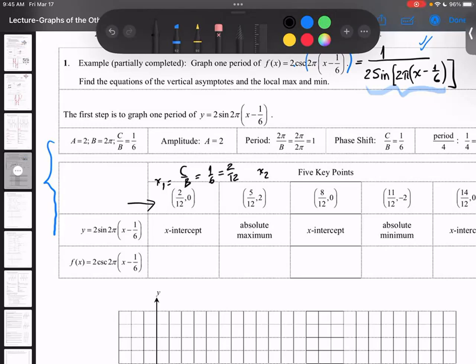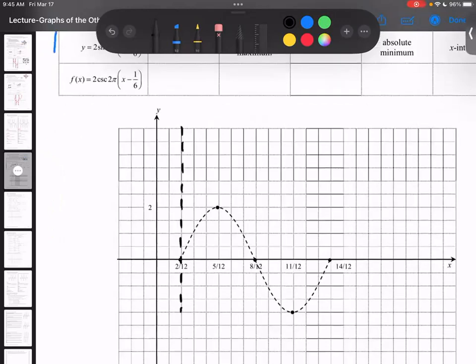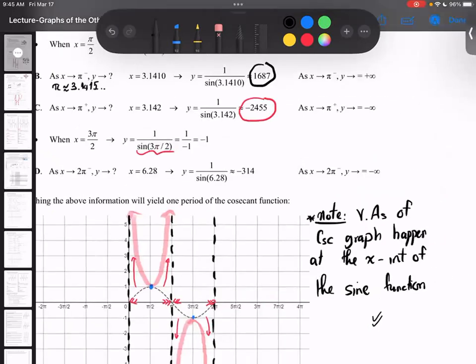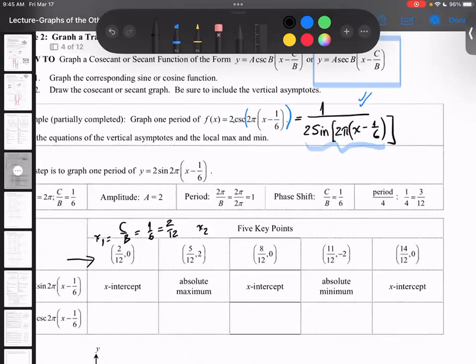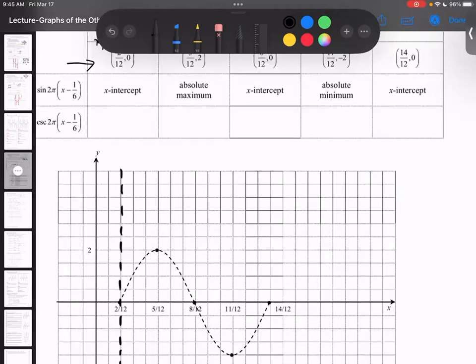I'm going to put a little dash line here at 2/12. If you forgot, I wrote it back there right here. VAs of the cosecant graph happen at the x-intercept of the psi function. What else? 8/12. 8/12 is the x-intercept of psi, so it's the vertical asymptote of cosecant.